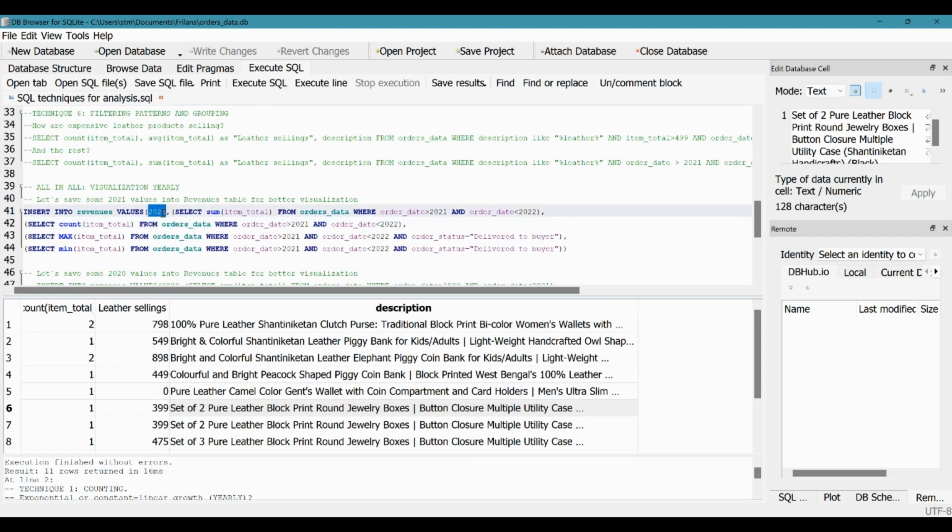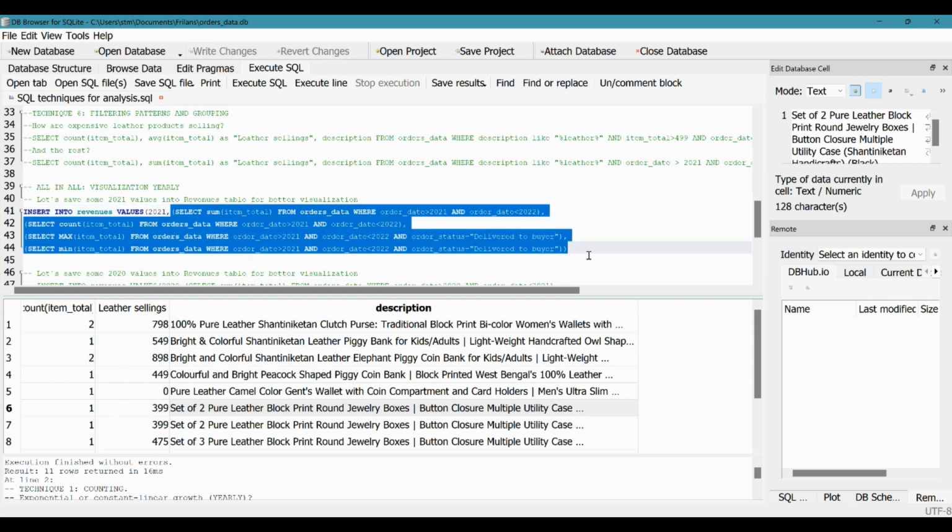I put first the 2021 year and then the four values which are results of summing the item totals, the totals of the sellings, counting the orders, how many orders I got, the maximum value of my selling, the one of 3,200, and the minimum, which of course will be zero because we have some zeros in the database.